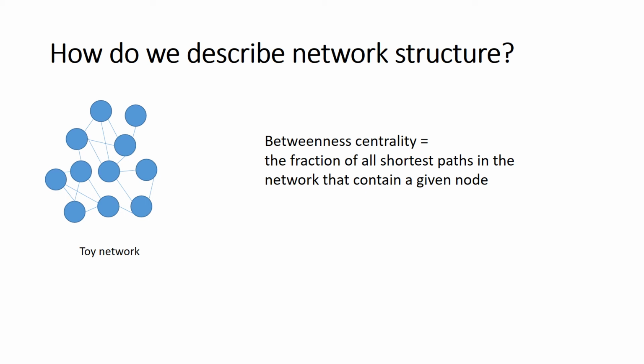These nodes a lot of times are nodes that connect different modules, for example. So this node is going to be in the shortest path for this node and this node to get to all of these nodes over here. This one is also probably going to have high betweenness centrality because you can see that it connects these other nodes in its module with this module.